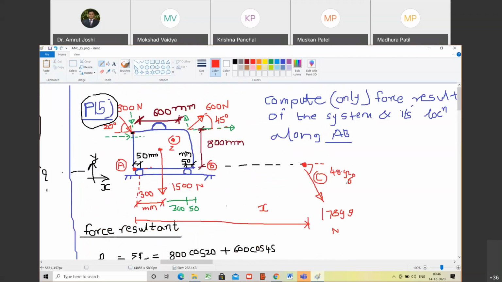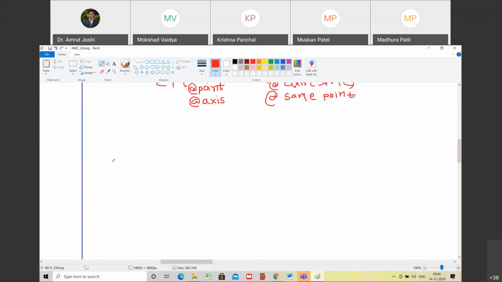Moment तो यहाँ पे act नहीं हो रहा है, सिर्फ force resultant है. ऐसा ही ये point C है. So what is its moment about C itself? If I write down the moment of the resultant of all the forces about the z-axis passing through C, वो कितना है ये आप मुझे बता सकते हो?